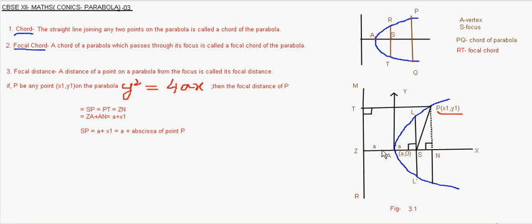Now if we divide Zn into two halves, we get Za plus An. Now Za, the value is given as a, and An we know the value as x1 because the coordinate of P is x1. So Za plus An is equal to a plus x1. Therefore SP value is equal to a plus x1, which is the abscissa of point P. Clear?